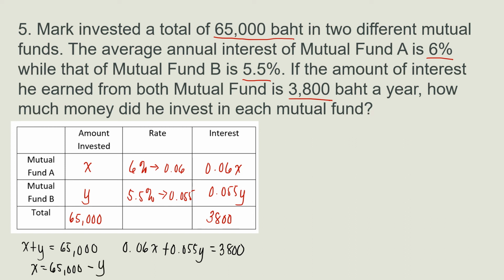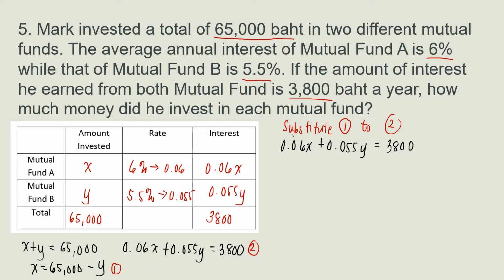Let's mark this as equation 1, and this is your second equation. Substitute equation 1 into your second equation. I'll copy the second equation, which is 0.06x plus 0.055y is equal to 3,800.